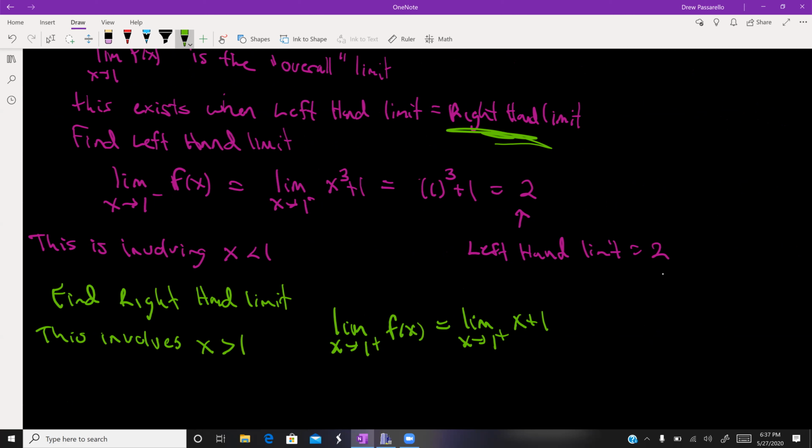And you plug in 1, so that's 1 plus 1, which is 2. So the right-hand limit equals 2.